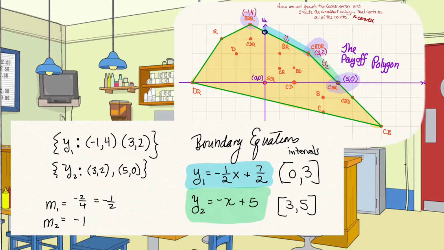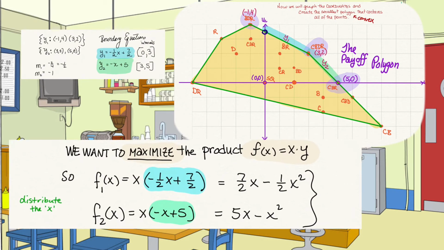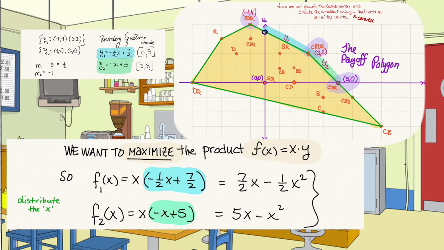The boundary has been highlighted on the graph, and the equations that go along with those boundaries are now going to be substituted into the product equation. The product is x times y, where y is y1 or y2, respectively.